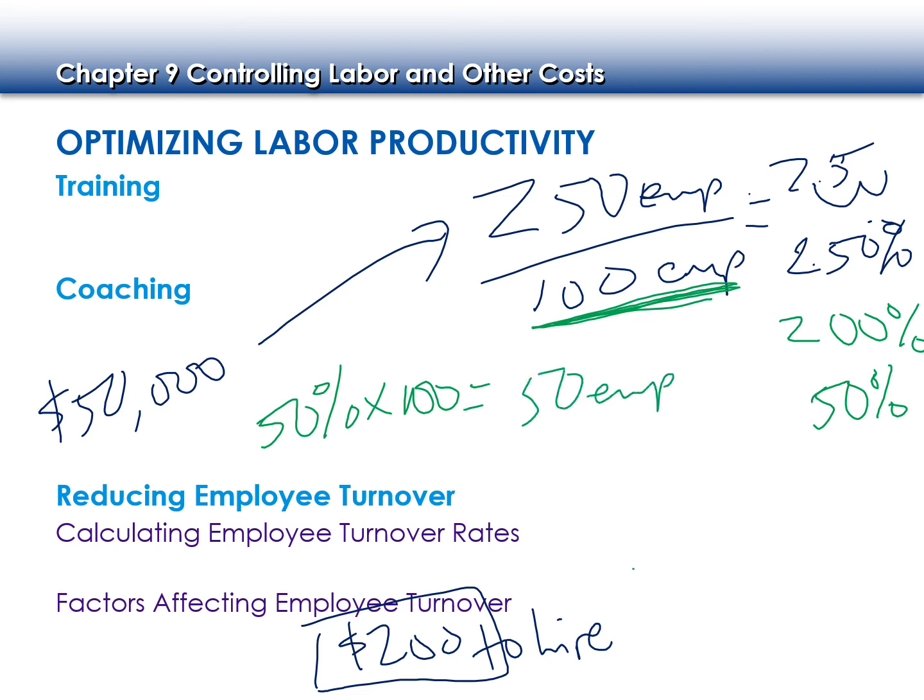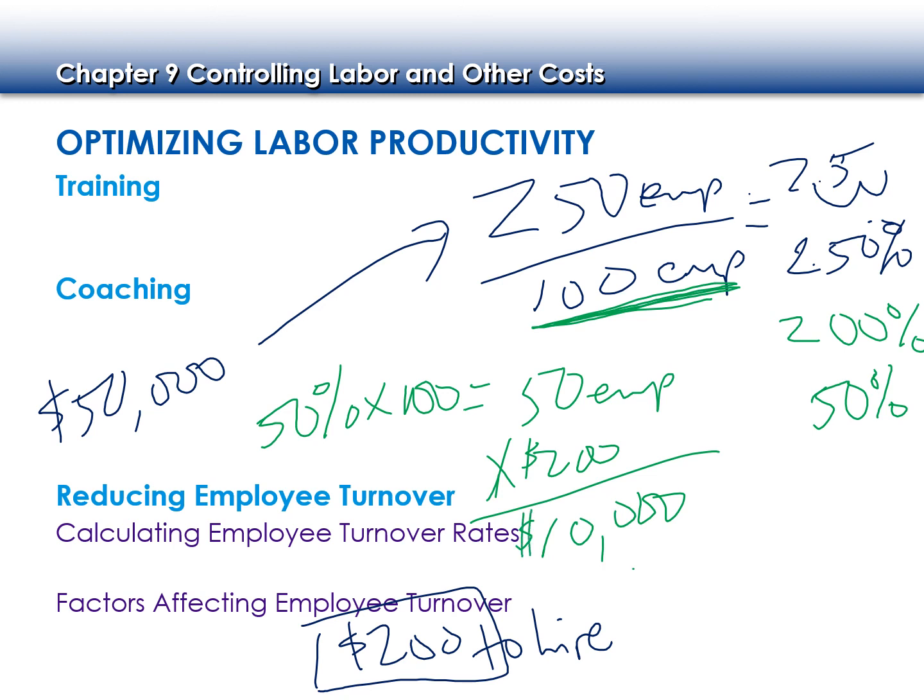So that's 50 fewer employees that I've had to hire during the year. If we use that same $200, that's in a sense going to save me $10,000 in labor costs and labor expenses.